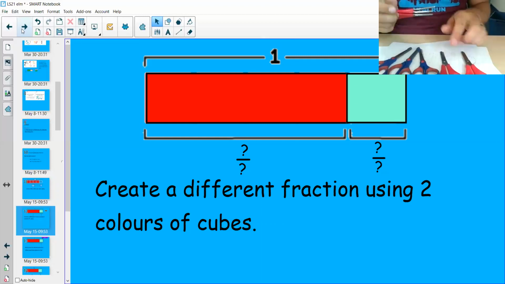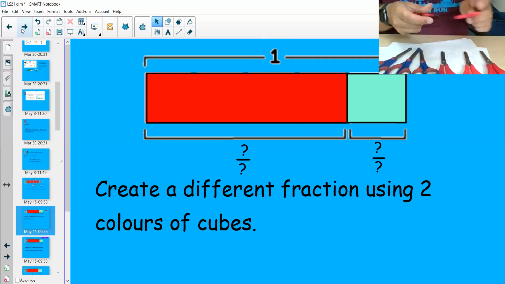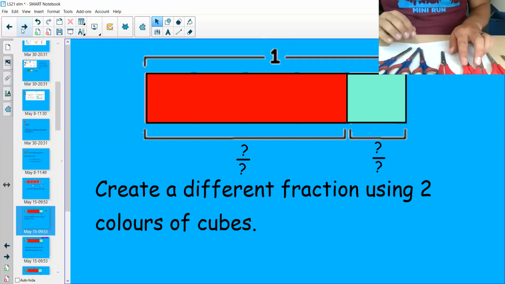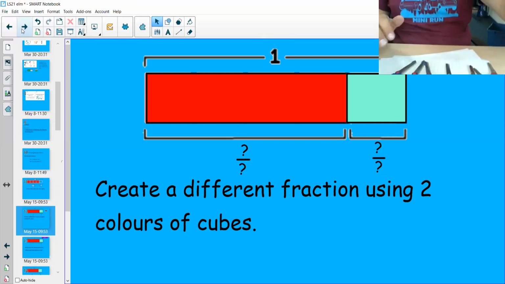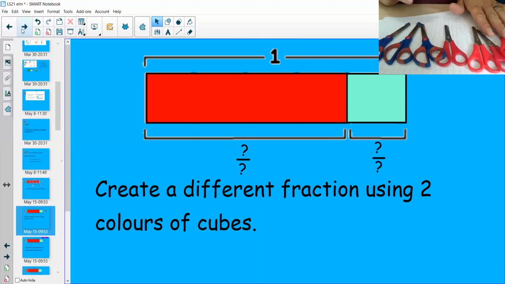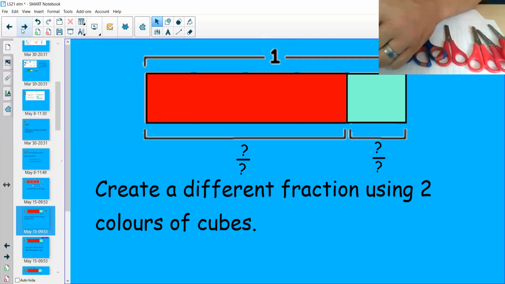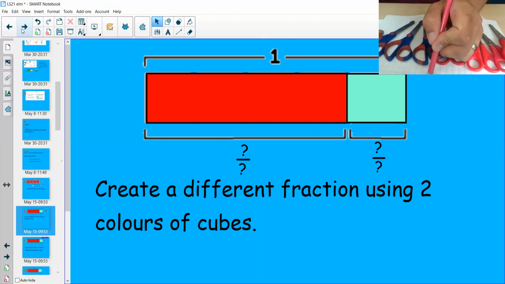I'm going to use 5 red pairs of scissors, and all of them together, the whole lot, remember, all of them together is the whole, it's 1.